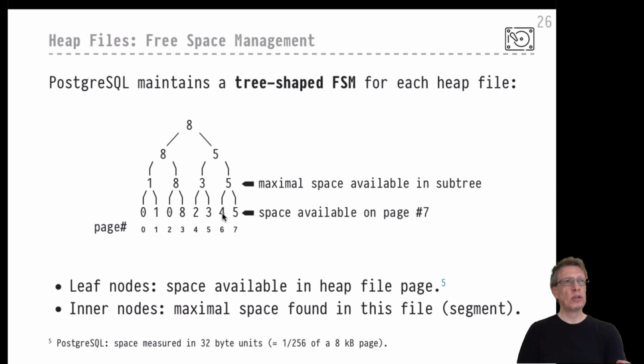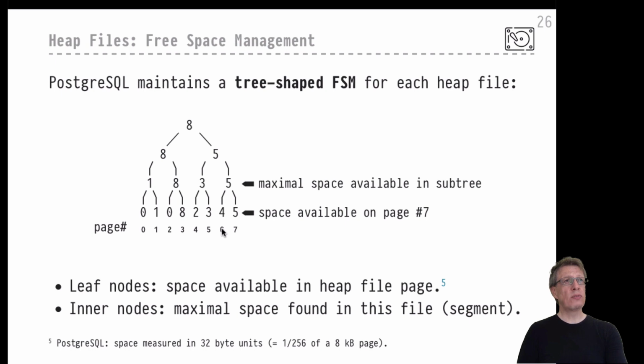This is not 4 bytes, but in PostgreSQL, the 4 stands for 4 times 32 free bytes that are available on page 6. 5 times 32 bytes are available on page 7. Please see this footnote here on this particular slide. Why do we record such free space in units of 32 bytes?